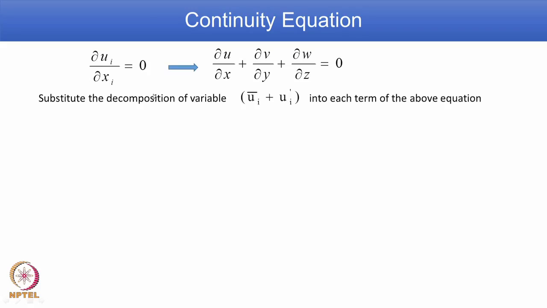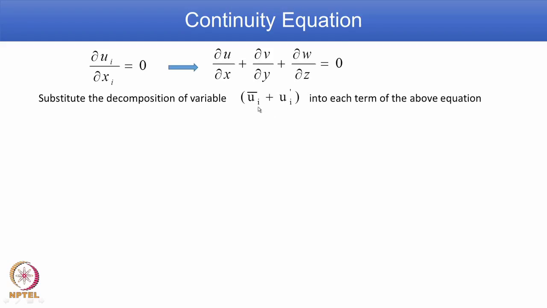Now, we substitute the decomposition. We already learned the flow variable instantaneous quantity can be written as a summation of mean plus deviation from the mean. For example, u instantaneous quantity is written as a sum of mean u bar plus deviation from the mean u prime.